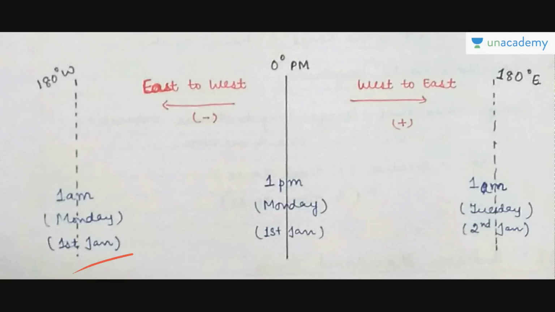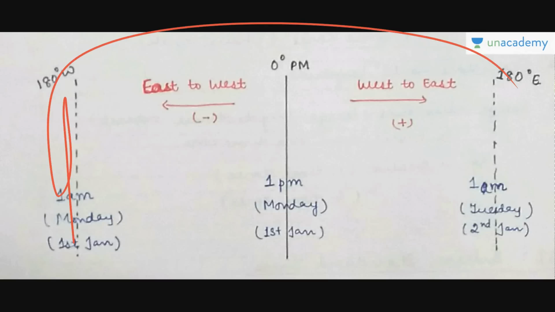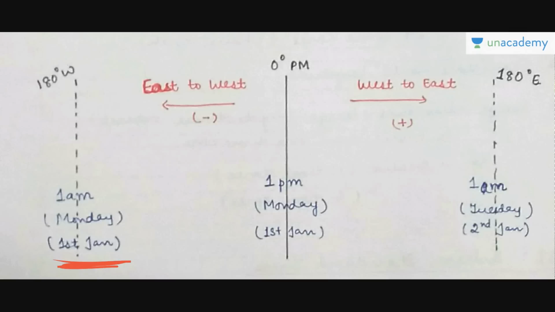When you are at 2nd of January, that means you have already lived that 1st of January, that one day. But if you come here, it is 1st of January again. So you get one extra day to live again.